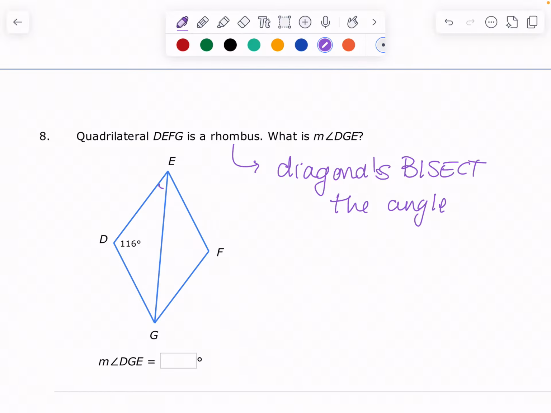So that means that this angle and that angle would have to be the same. The other fact that we need to know is that all angles of a triangle add up to 180 degrees, right?